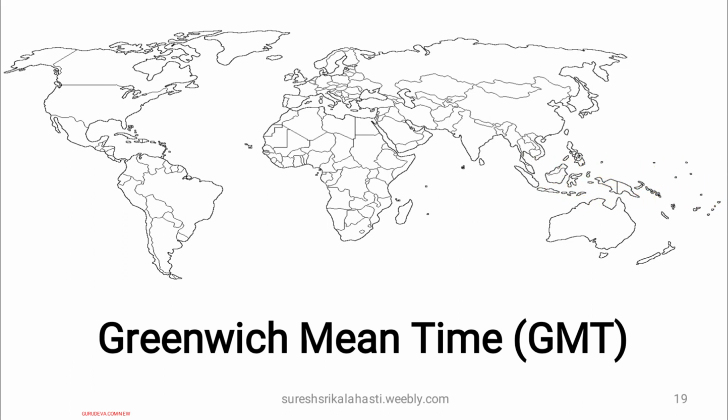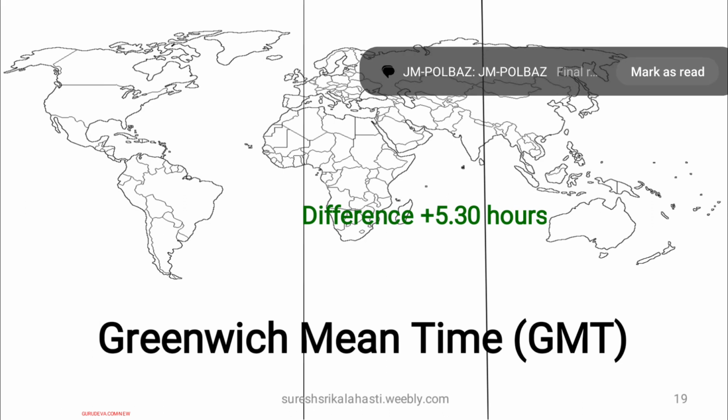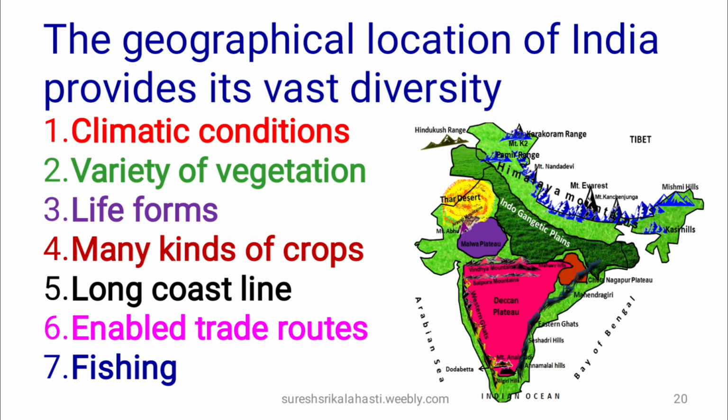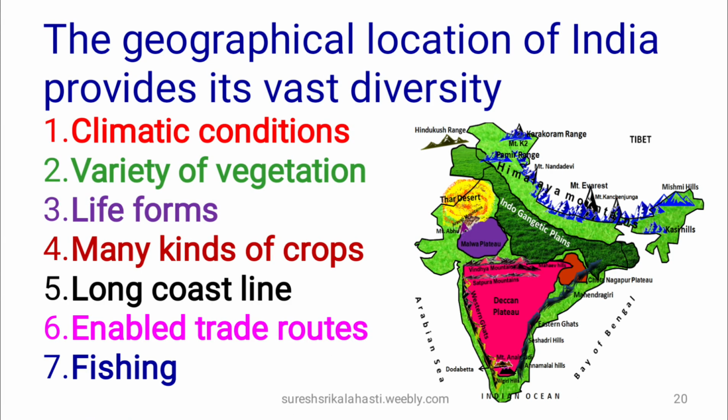See the location of the 82.5 degrees east longitude IST and the 0 degree longitude Greenwich line. The time difference between these two lines is 5.5 hours. India is ahead of the Greenwich line. That's why we show it as plus 5.5 hours.